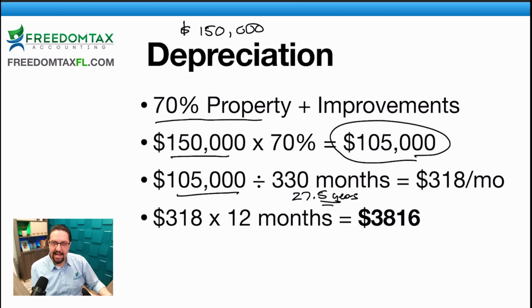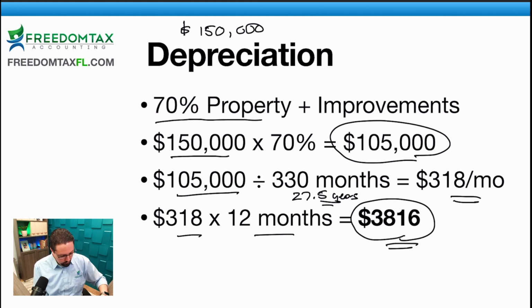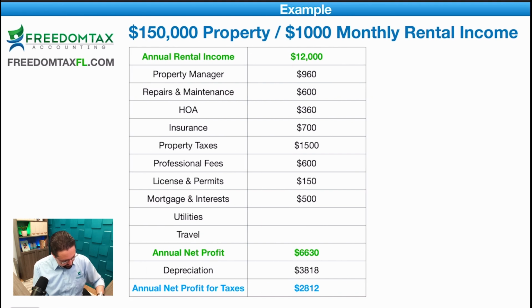Okay, 27 and a half years is 330 months. So in this case, we can deduct $318 per month in depreciation. So $318 per 12 months, that's 1 year. That's how I came up with the depreciation number.